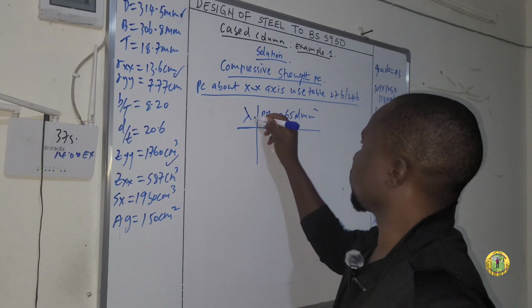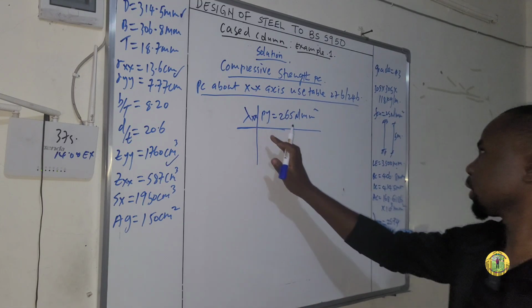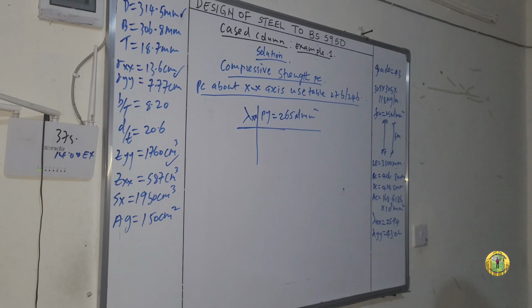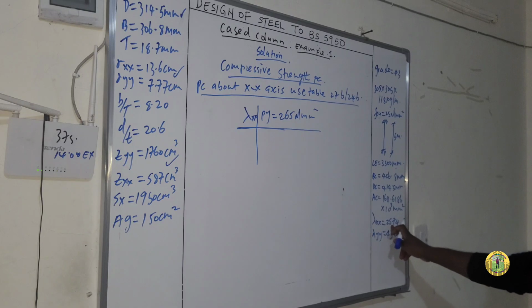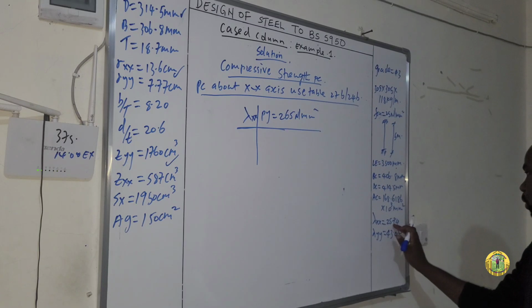For you to enter this table, you need these two values, the slenderness ratio about the XX axis and the Py, which is 265. Our slenderness ratio for the XX axis is 25.74. If you go to this table, you will not get this value.